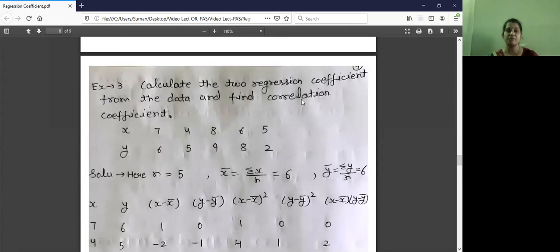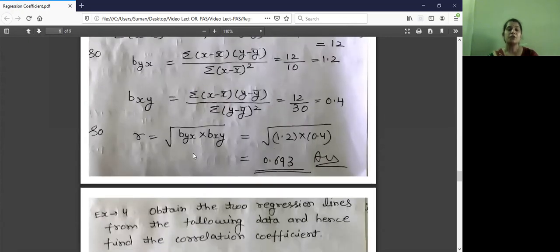In our question, find the correlation coefficient. So what is the formula of the correlation coefficient? r is equal to root byx into bxy. That means multiply of regression coefficient x on y and y on x is equal to what? So under root 1.2 into 0.4. So here we get the value of 0.693.